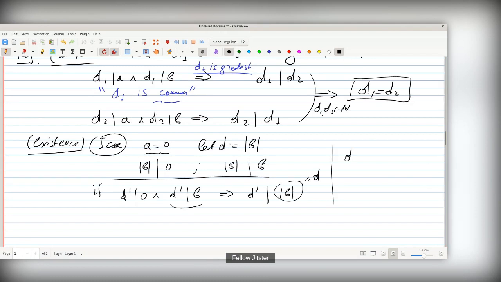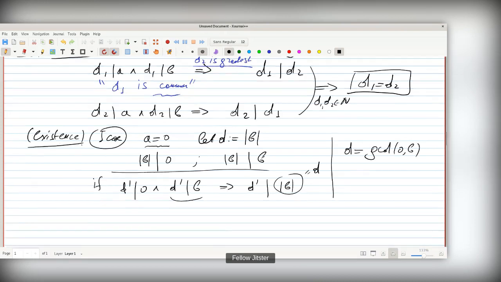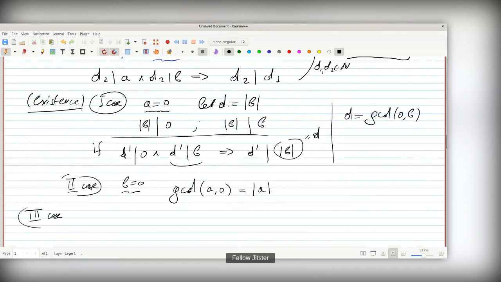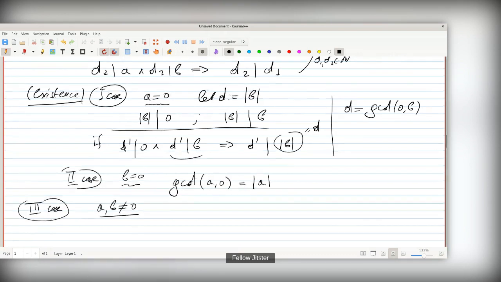Hence, indeed, by definition, our D equals the greatest common divisor of 0 and B. And the second symmetric case is when B equals 0. Then, of course, similarly, the greatest common divisor of A and 0 equals the absolute value of A. And the third case, the most interesting one, is when neither A nor B is 0.